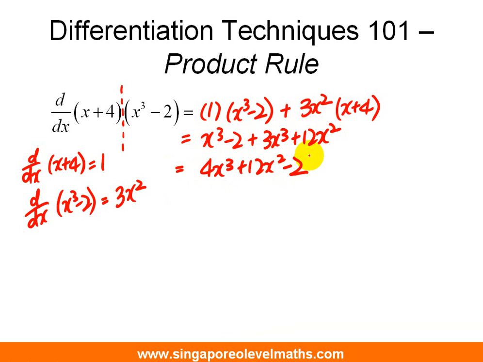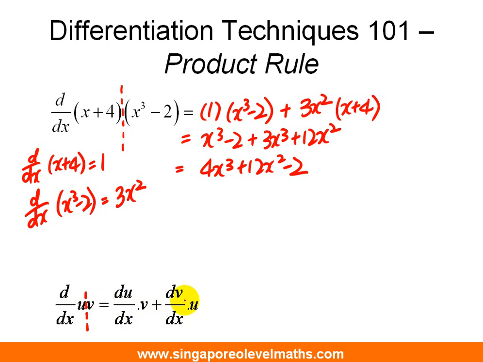So allow me to recap using a general formula. So basically what you see here, both u and v are functions of x. What does it mean? Which means to say, in u there is a variable x, and in v there is variable x. So what we can do is we differentiate u as represented by du dx, and you copy v, plus, right now you switch the order.